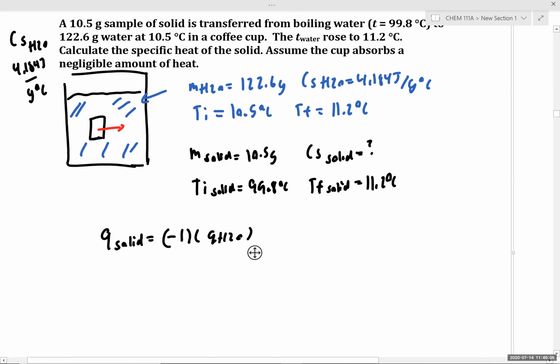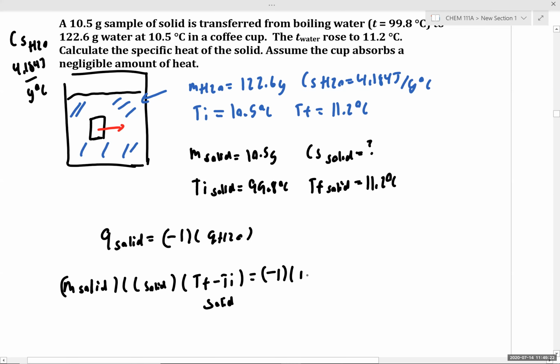In other words, the mass of our solid times the specific heat of our solid times T final minus T initial of our solid is equal to -1 times the mass of water times the specific heat of water times T final minus T initial of water.